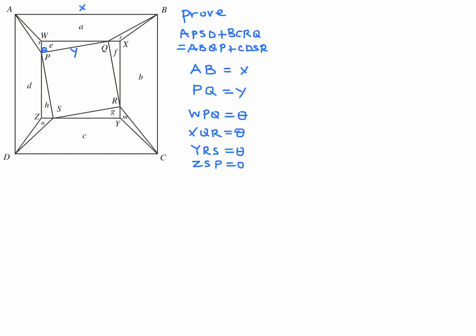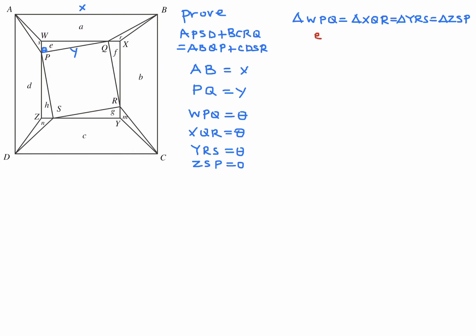And as you can clearly see, that basically means that all those triangles are pretty much congruent and equal. So that means triangle WPQ is equal to triangle XQR is equal to triangle YRS is equal to triangle ZSP. And as you can see, they've already been labeled with certain areas.